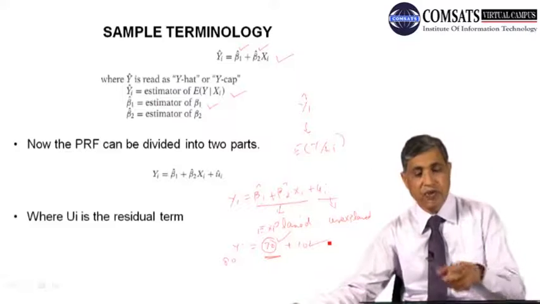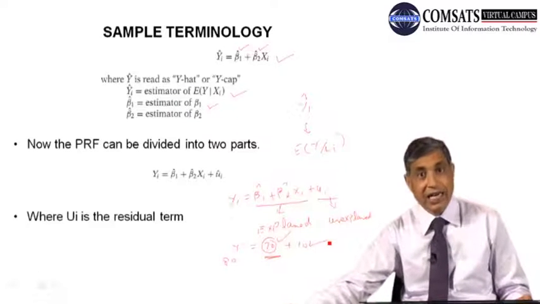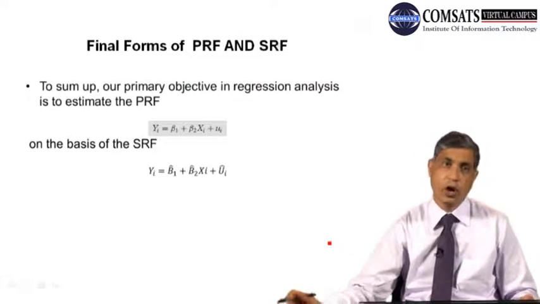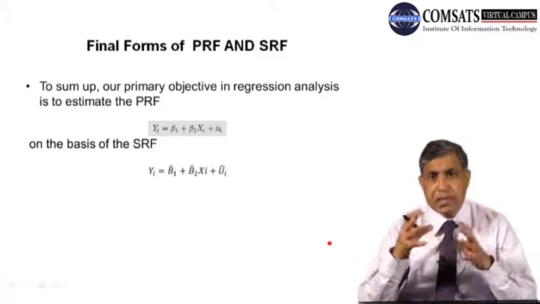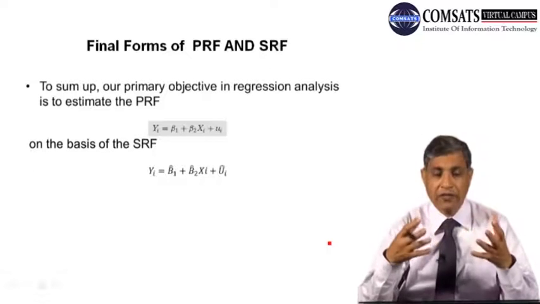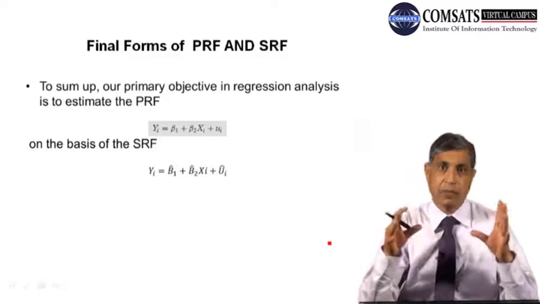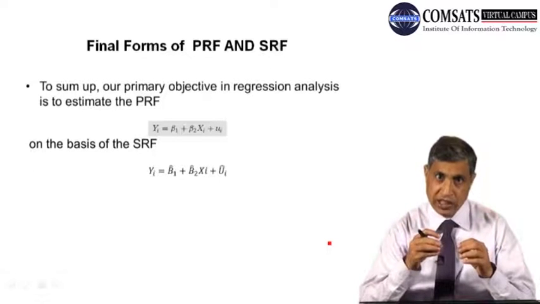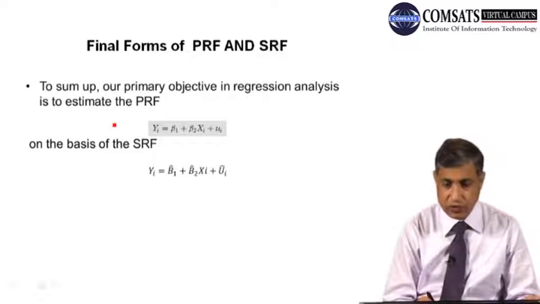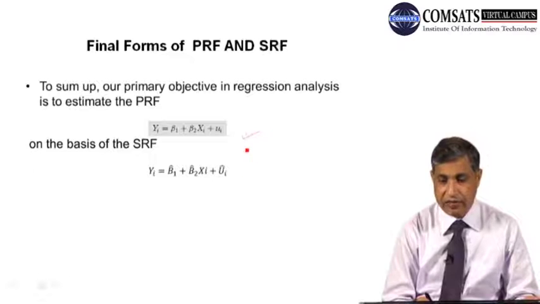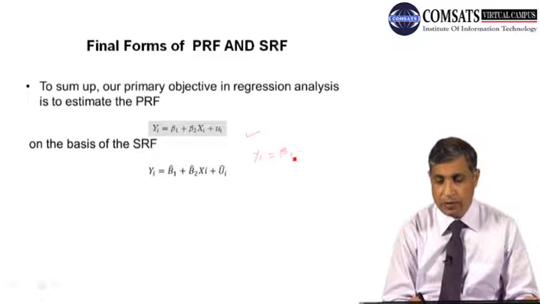In this we have included the ui, that is the residual term. Now for the final form, I am thinking that you may be mixing up the ideas, so I have come up with the final form of the population regression function and the sample regression function. If you look at this, that I have highlighted, yi is equal to beta 1 plus beta 2 xi plus ui.